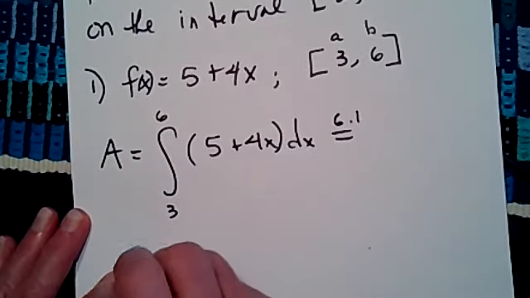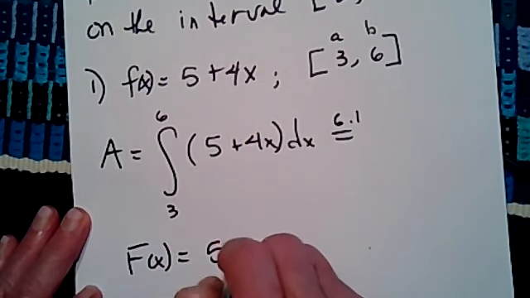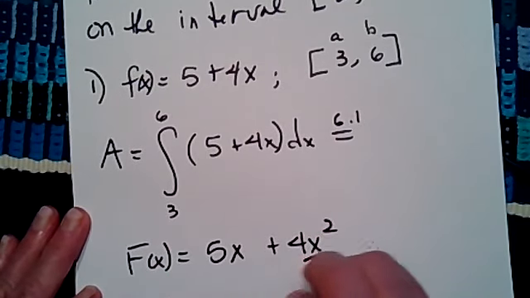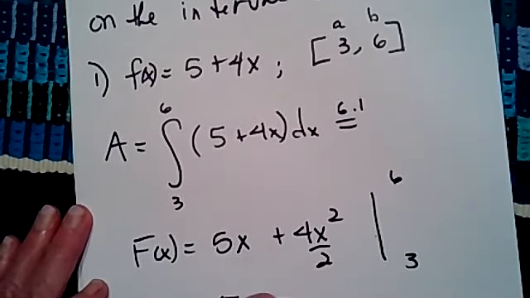All right, my antiderivative is going to be, by rule 1, 5x plus 4x squared over 2, evaluated from 3 to 6. So it's top minus bottom, f of 6 minus f of 3.